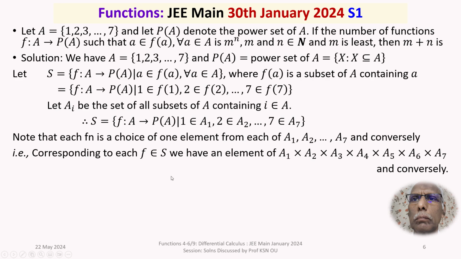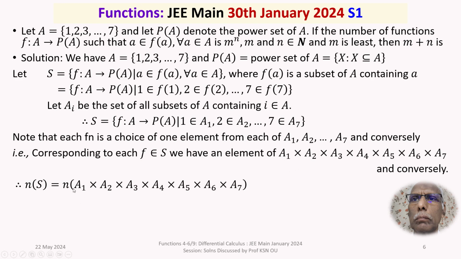That means we are setting up a bijection between the functions f belongs to S and the elements of this cross product. Therefore, n of S is equal to n of A1 cross A2 cross up to A7, because of the bijection.